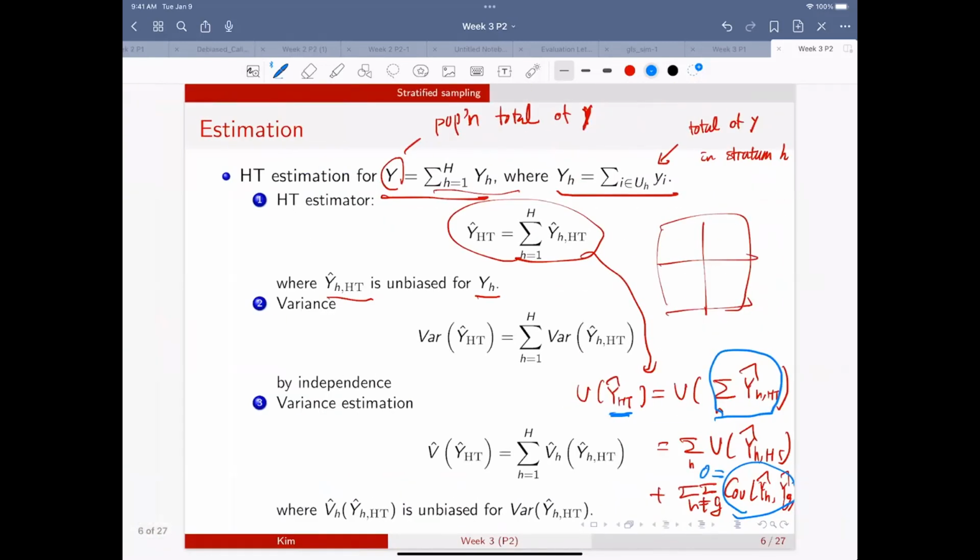So we don't have to worry about this double summation, and the variance is written as a sum of the variances in the subpopulations.